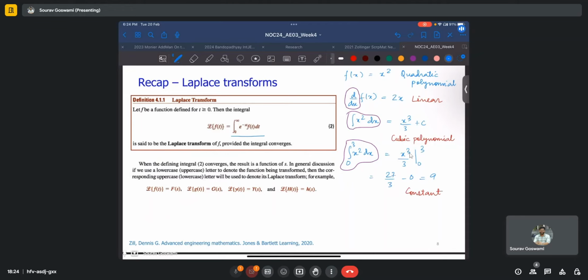And it's evident here: we start with a function of t and end up with a function of s. The convention is that when we use a lowercase letter to denote the function, say small f of t, I'll denote the transform by capital F, or it can be the reverse way as well. Say if I want to denote my function with a capital letter, the transform will typically be denoted by the small letter.